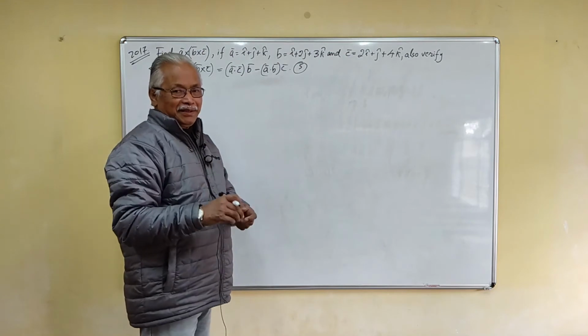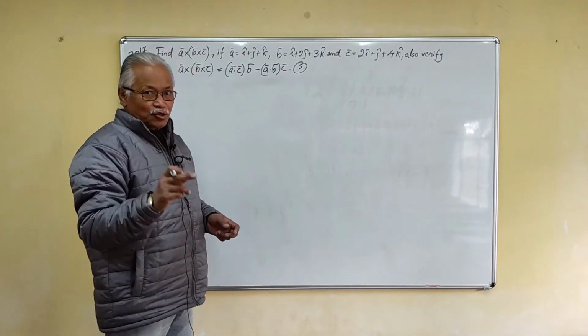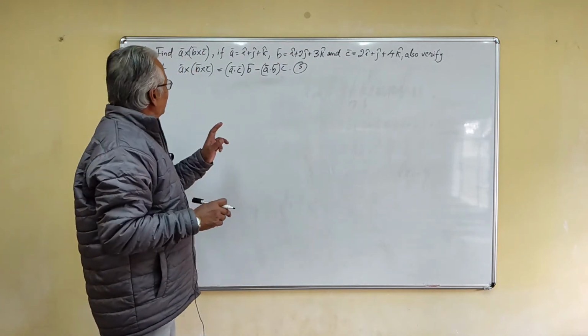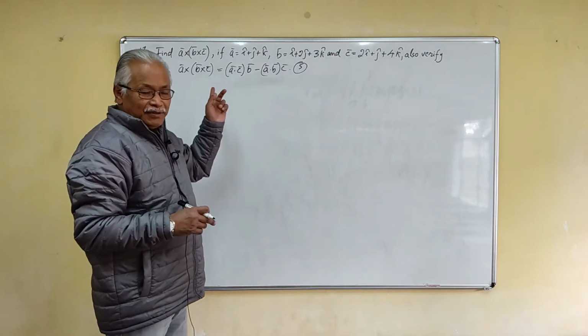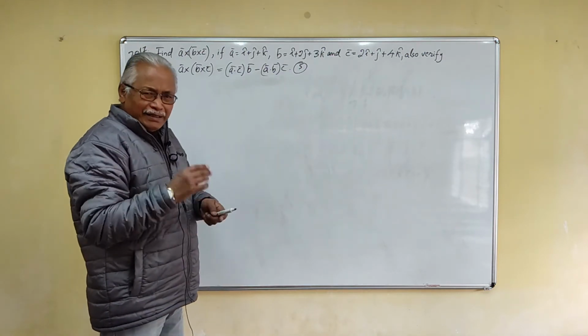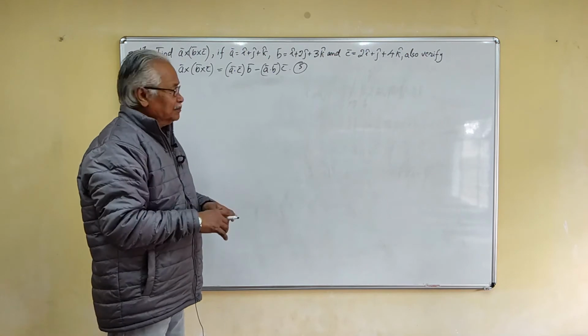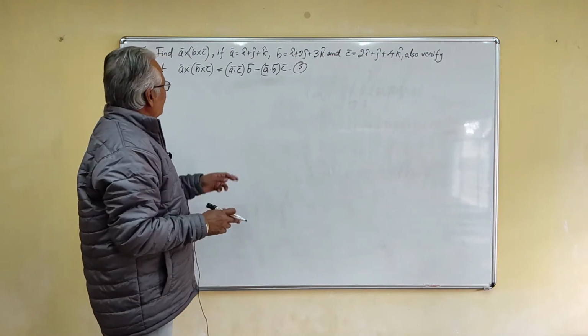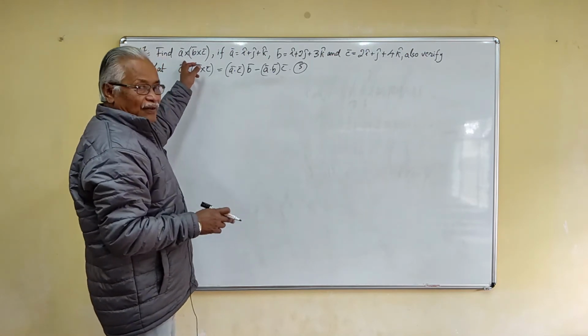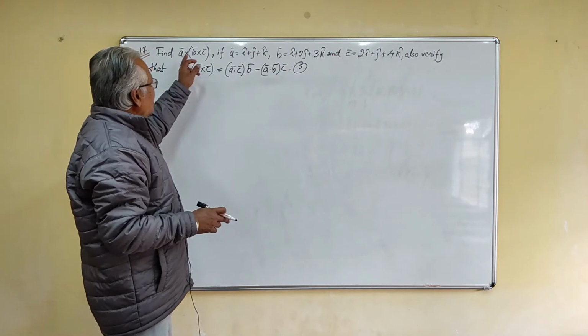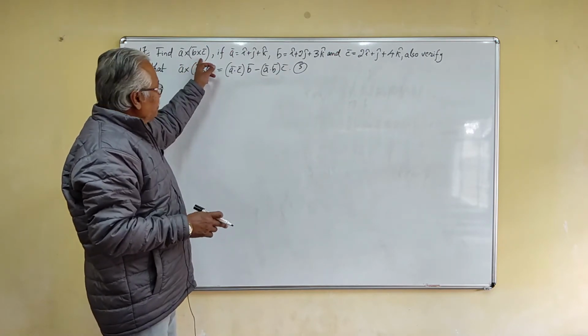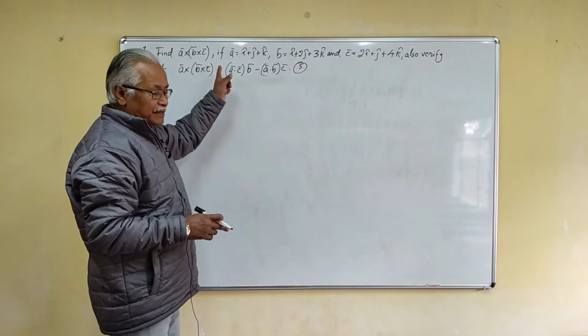Okay, let me tell you that this will be the last problem for today. That was set in 2017, and it is a little lengthy problem owing to the fact that first of all you'll have to find out the value of A cross (B cross C), where B cross C is well within the bracket.